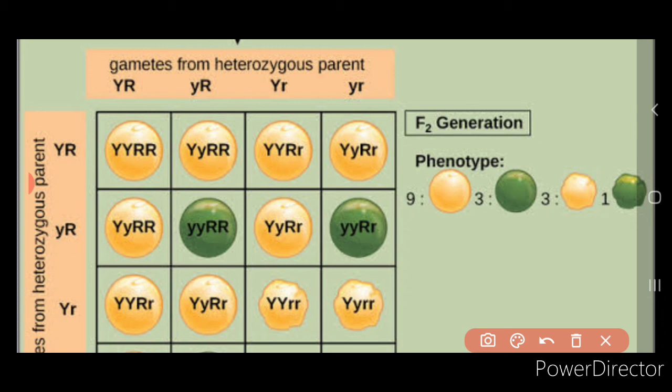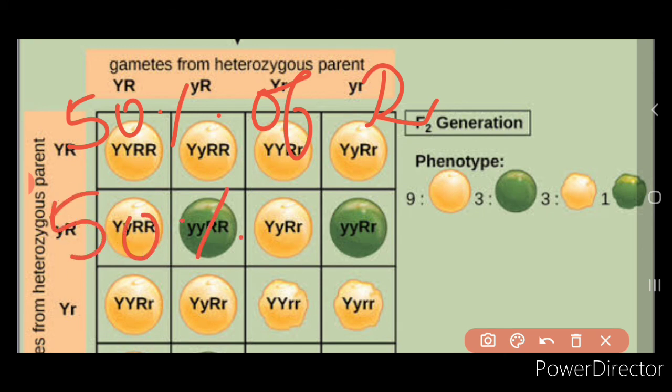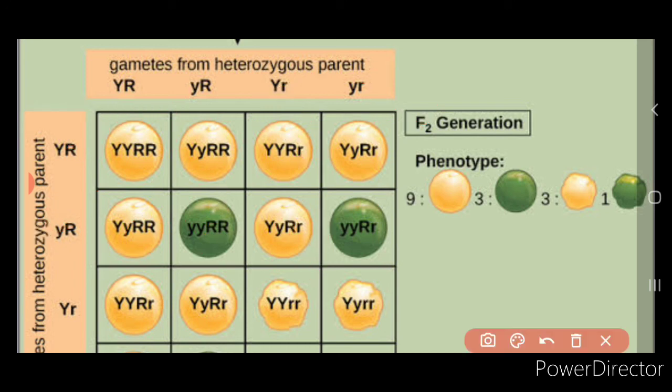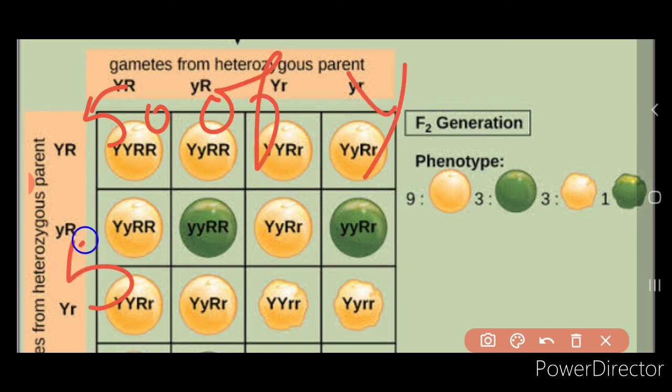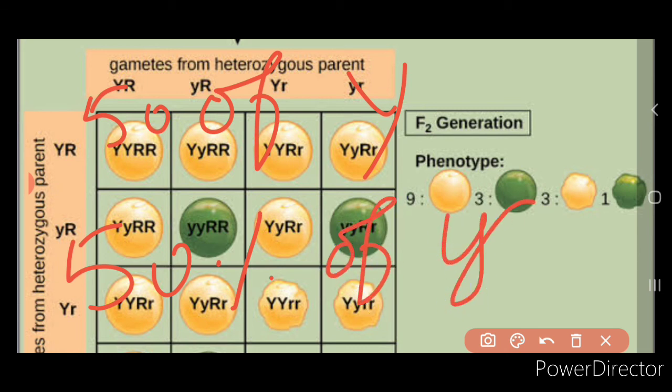So the segregation of 50% of the round seeds and 50% of the wrinkled seeds is independent. From where? From 50% of yellow and 50% of y, that is the green seeds. Now here this is nothing but the segregation from one pair of contrasting characters.